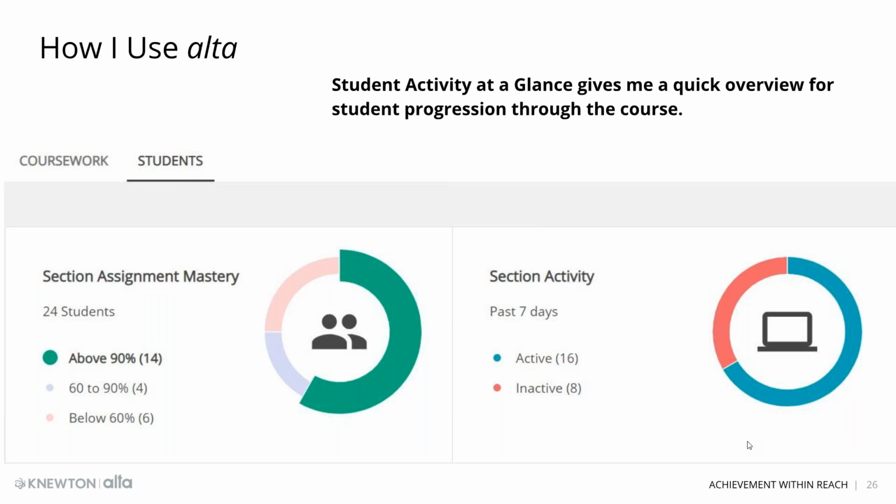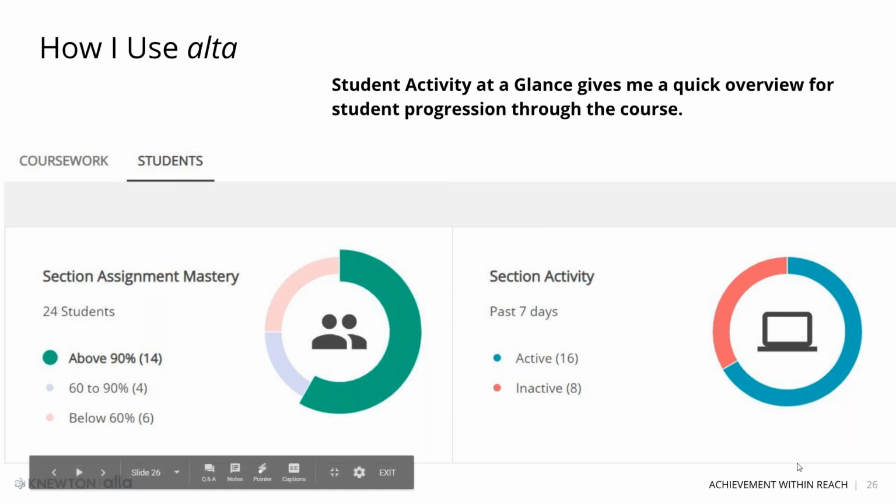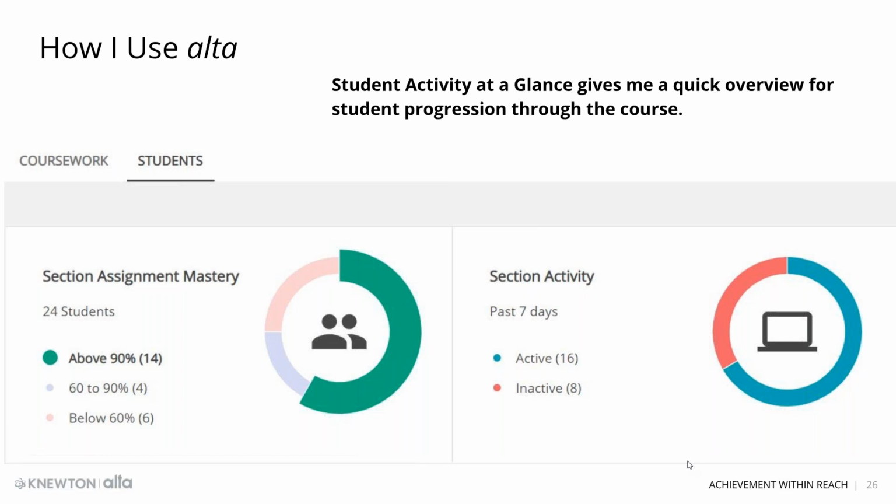I can click on this green segment to show the 14 students who have reached mastery, 4 that are on their way, and the 6 having a tough time with it. I can also see if my students are active, meaning they've used the system in the past 7 days, or inactive.